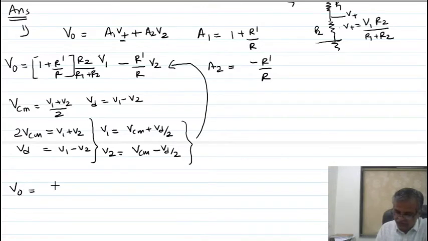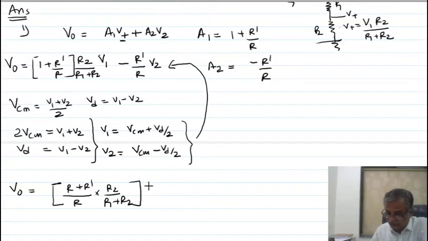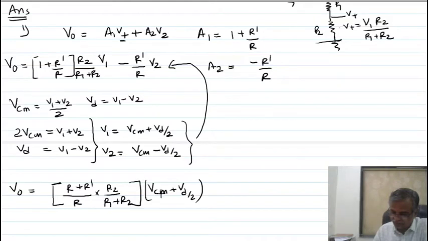So output voltage is given by R plus R' upon R into R2 upon R1 plus R2 into V1, which is nothing but VCM plus Vd by 2, minus R' by R into V2, which is nothing but VCM minus Vd by 2.